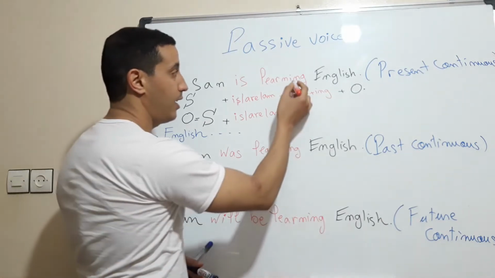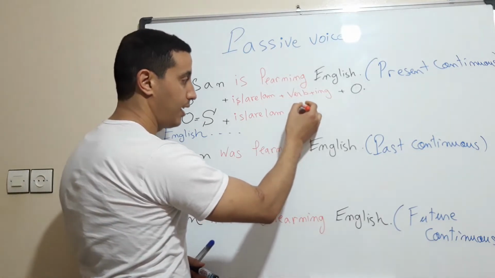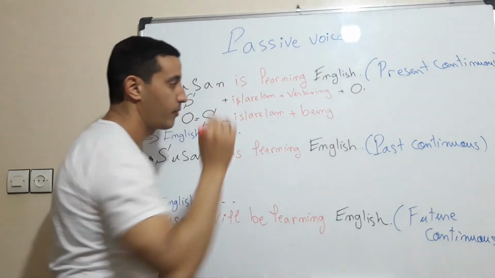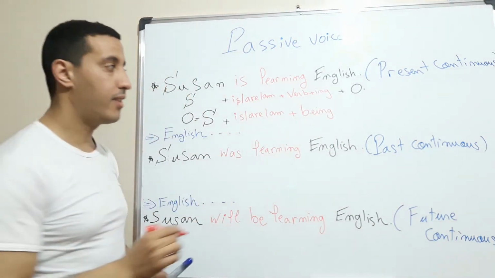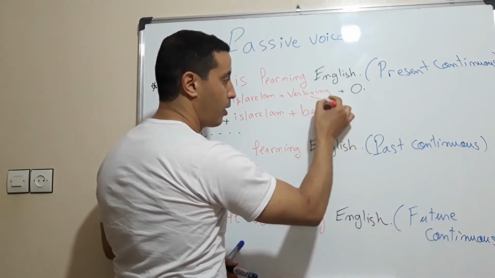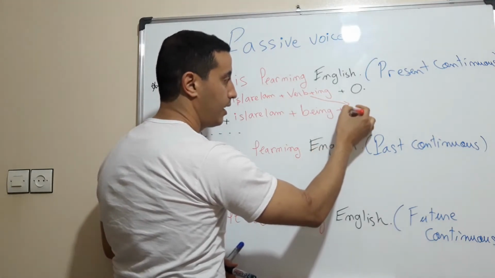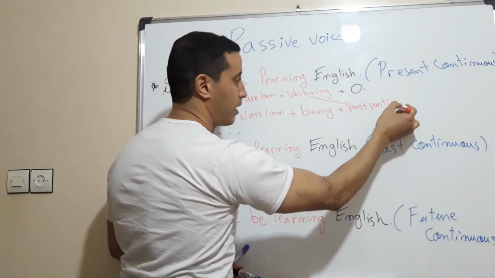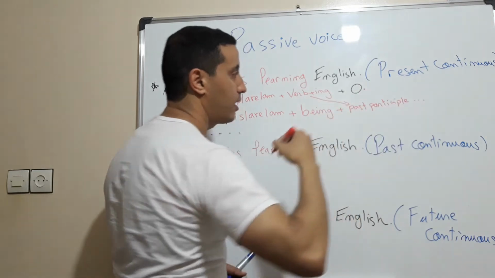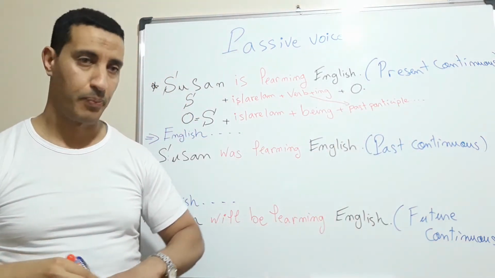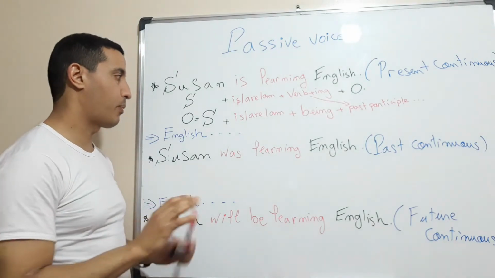So here we have ing, so we need the verb to be in ing, which is being. Okay? And then after being, we put the main verb in past participle. And then we continue with by plus subject if it is necessary. Okay? So it's very simple.